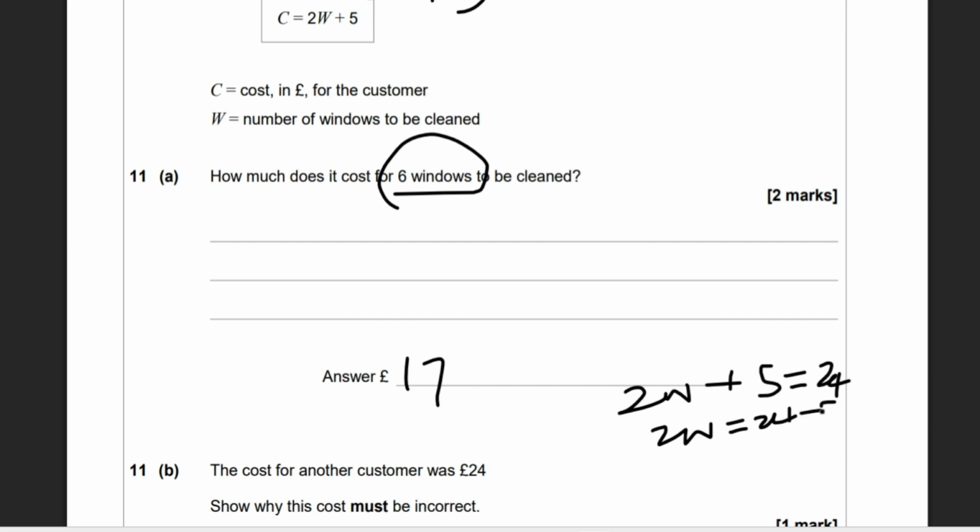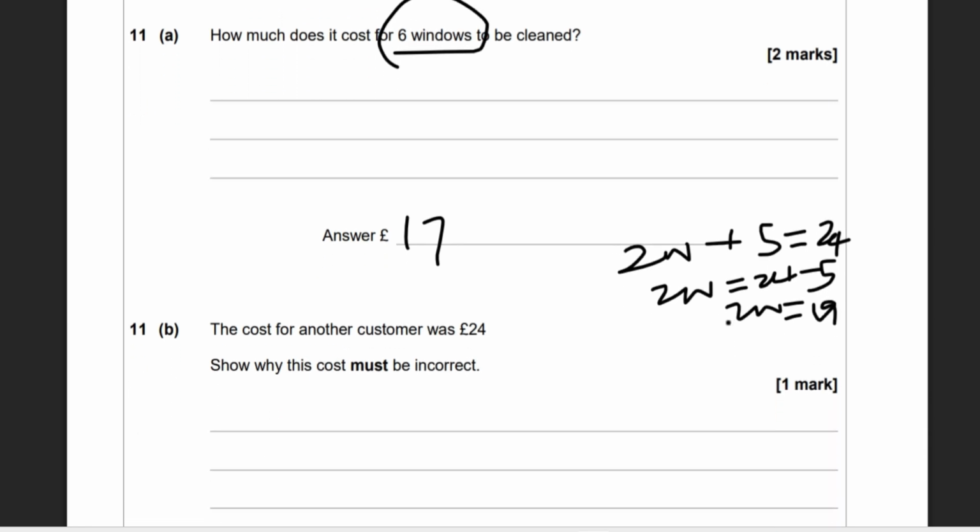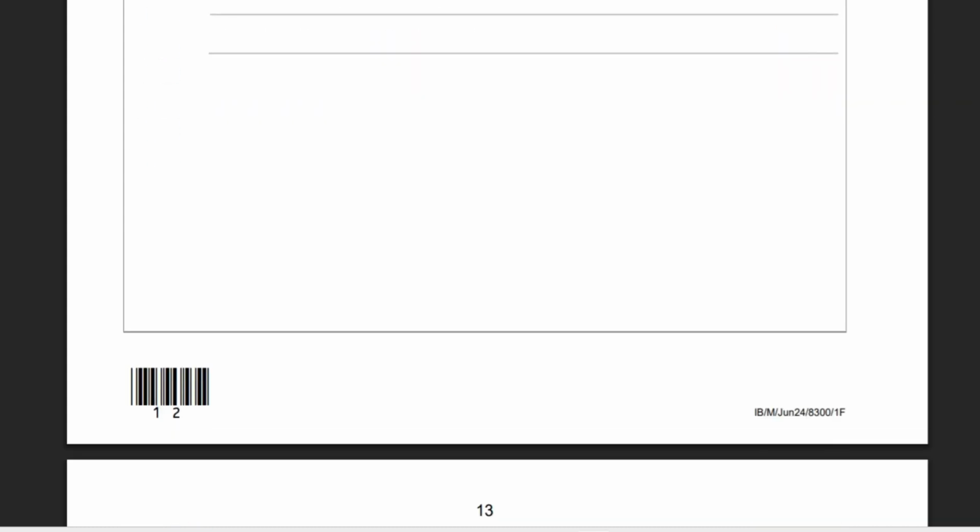And 24 minus 5 is 19. So 2W is 19. Then W will be 19 divided by 2, which is 8.5. So the window cannot be a decimal, and that is why it's incorrect. You cannot have a window as a decimal.